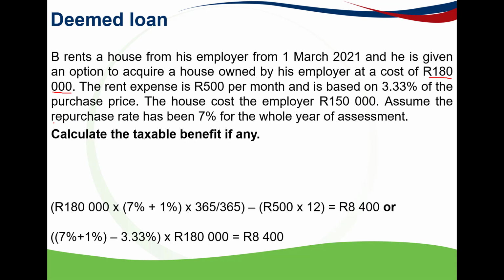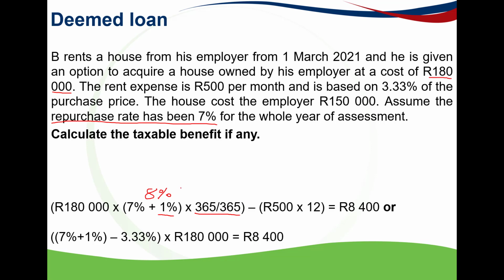Now, in this example, we don't have that official rate of interest, but we have the repo rate, which is 7%. For us to get to the official rate of interest, we will add 1% to that 7%, and we will have the official rate of interest of 8%. And this whole arrangement was ongoing for the whole year of assessment, hence the 365 over 365.